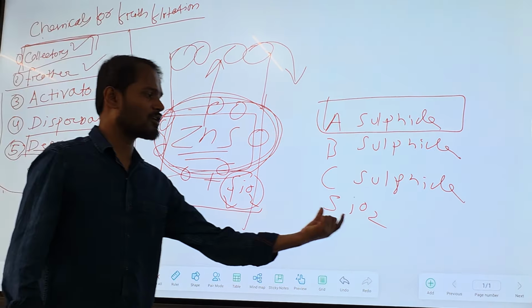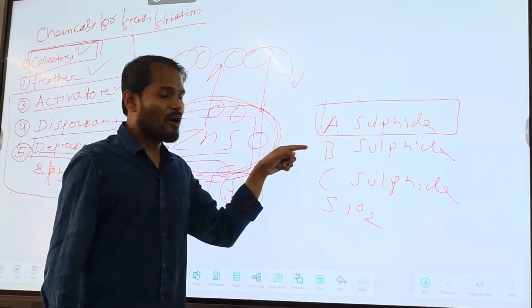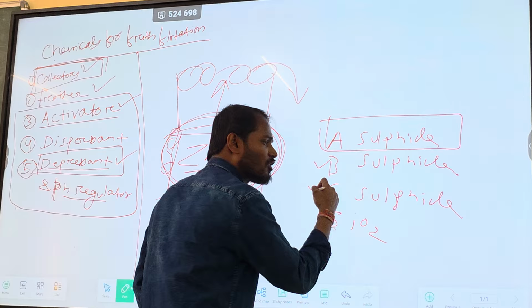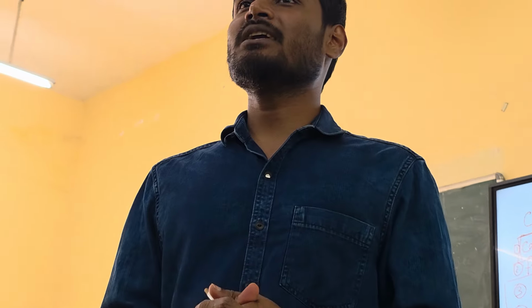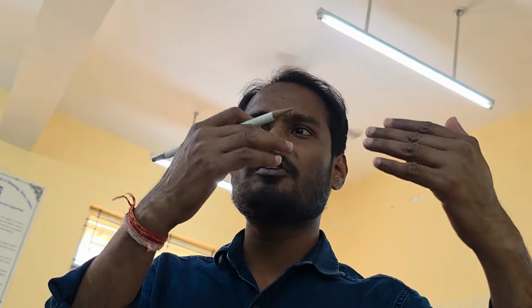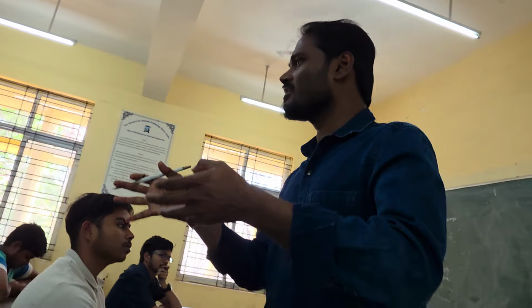Of course, silica is the major gangue in this. But these are also part of the gangue. Even if they are sulfides, you don't want those things, right? And all are sulfides, so they have similar chemical surface properties, of course. You understand my point? The chemical surface nature is the same.